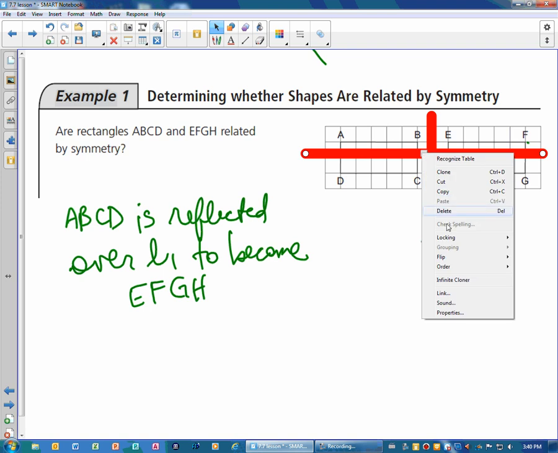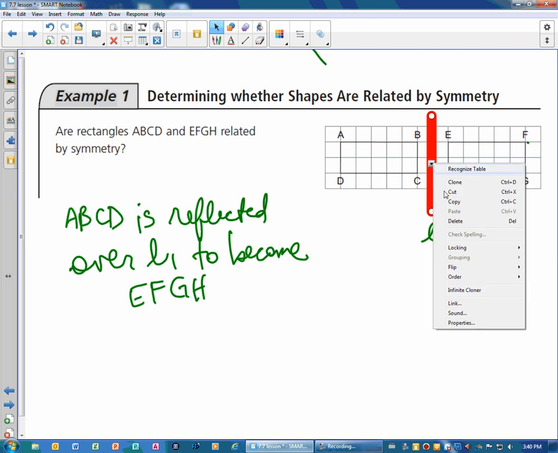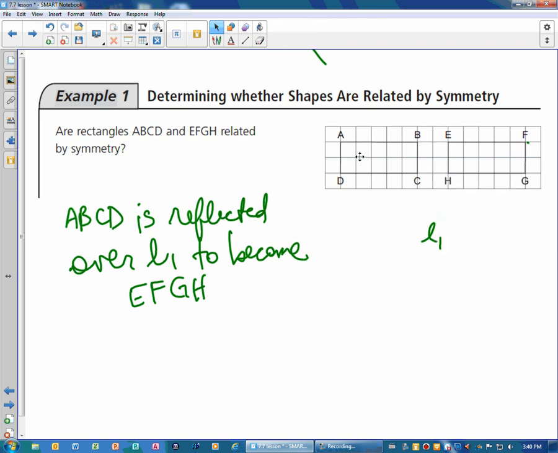And in terms of rotational symmetry, what do you think about that? Hold on, delete. Let's get rid of this. Could you say that there is any rotational symmetry from ABCD to EFGH? So let me show you something. Kind of cool. Let's go back to my skinny line. Let's trace A. Oops, that didn't work.